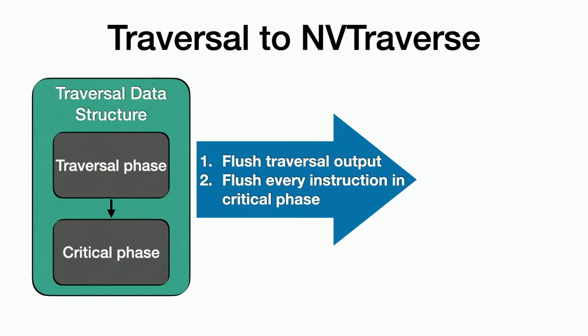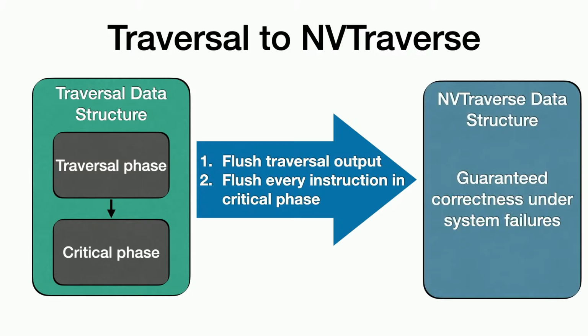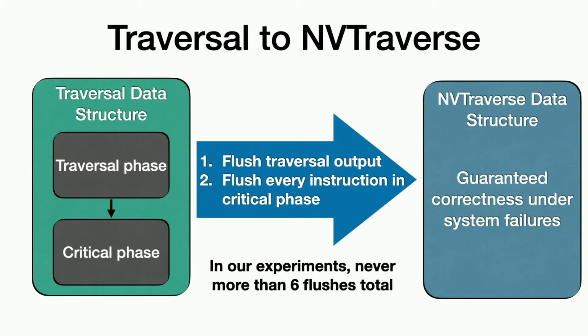So once you give me a traversal data structure, I'm going to flush the traversal output and then flush everything that I do in the critical section or the modification phase. And once you have that, we have a guarantee that you'll have a correct persistent data structure.